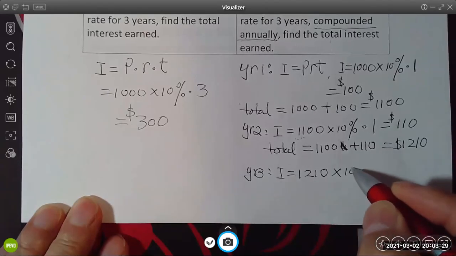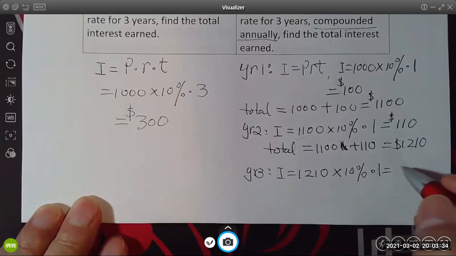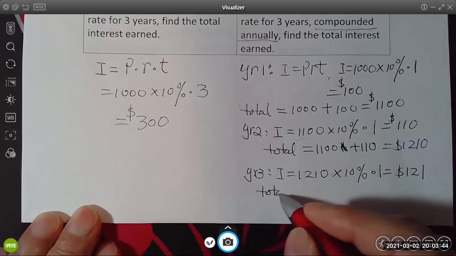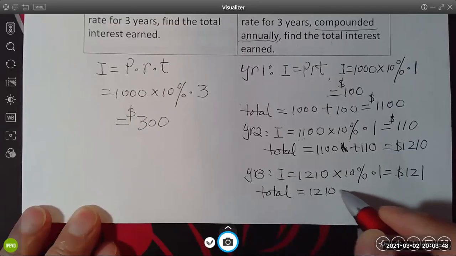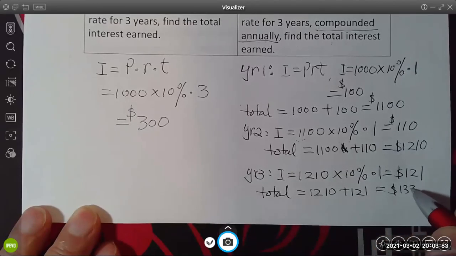We still have 10%. We still have 1 year of time. And this interest amount is 121. So it's getting more and more from 100 to 110 to 121. Now the total account value at the end of the third year, 1,210 plus interest earned, that's $1,331.